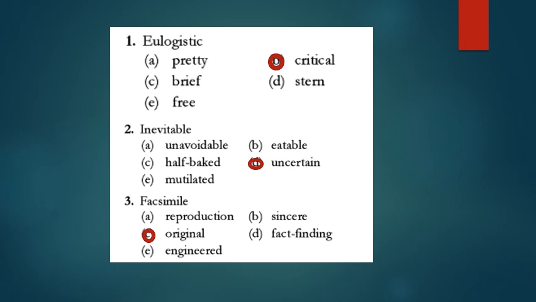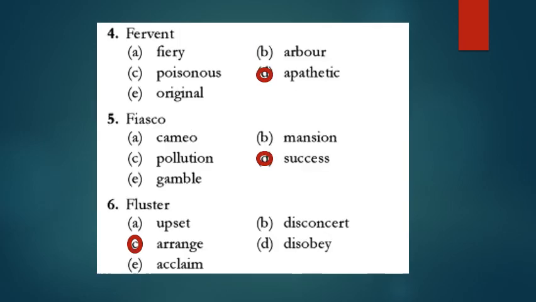Facsimile. What does facsimile mean? Facsimile means copy. So it's not the original one. So original will be the opposite word of facsimile. Fervent, very intense feelings. So apathetic will be the right opposite.